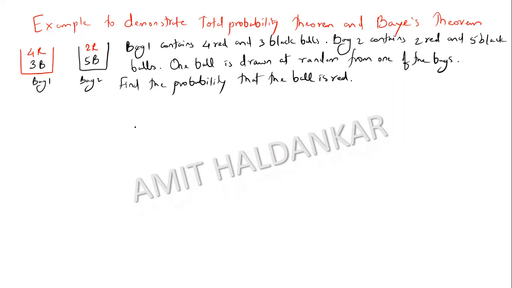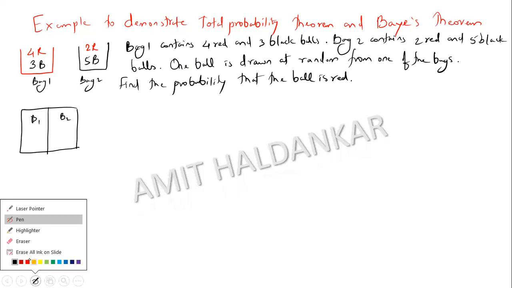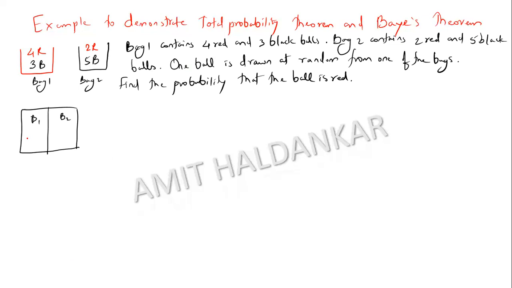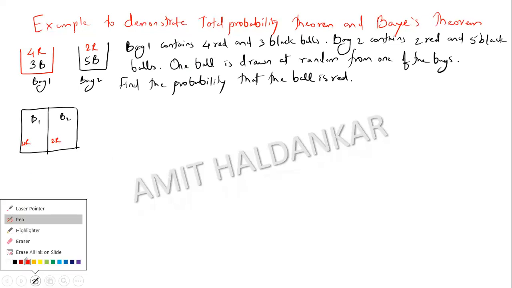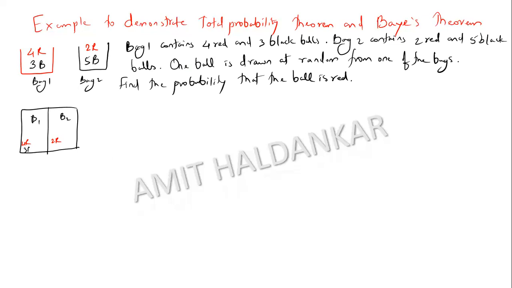If I consider a case over here where I'm considering B1 and B2 as these two events which are bags, and B1 contains 4 red, 3 black, and B2 contains 2 red and 5 black.